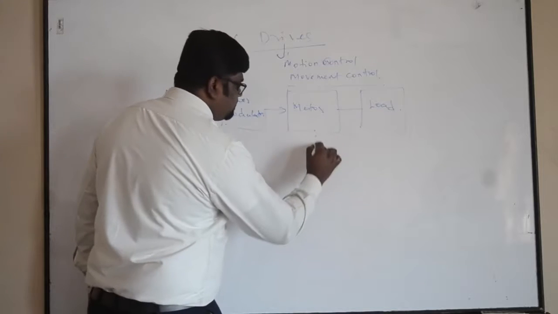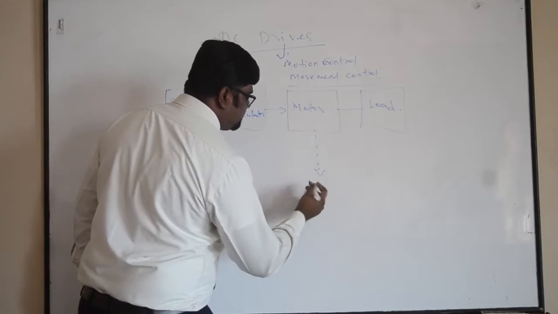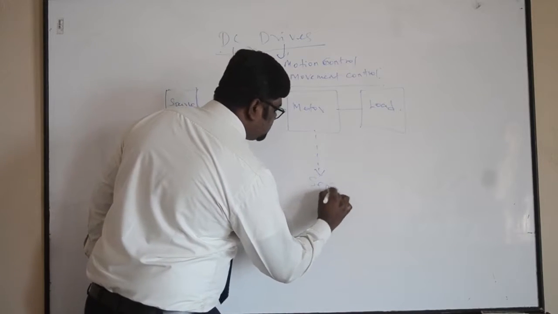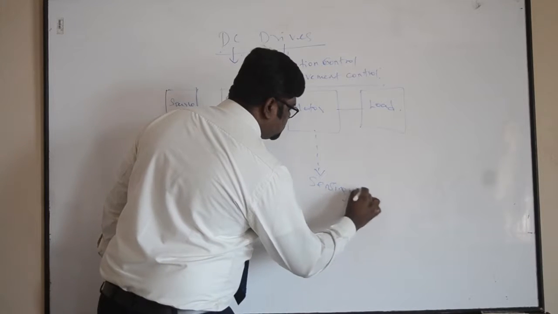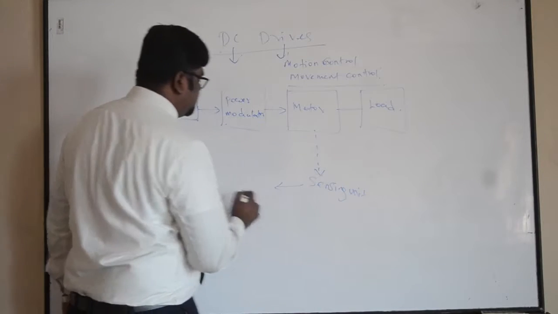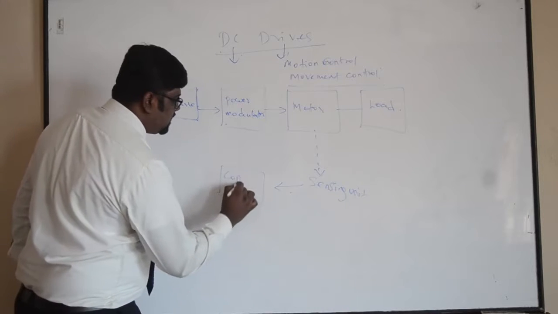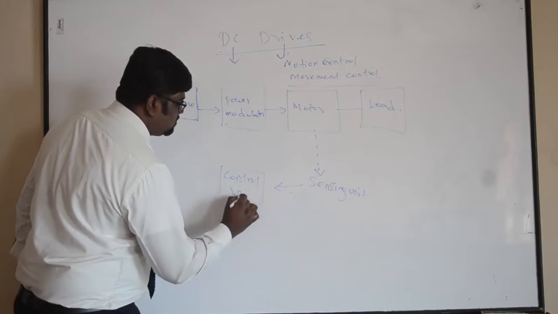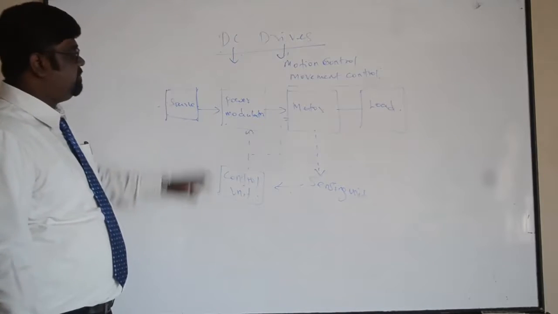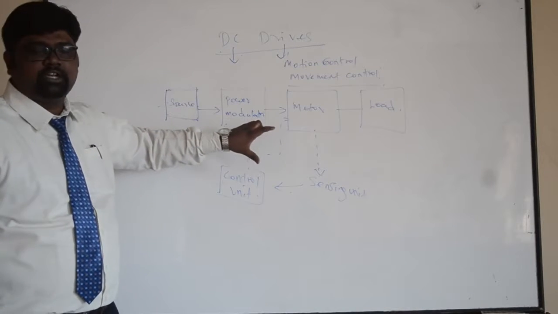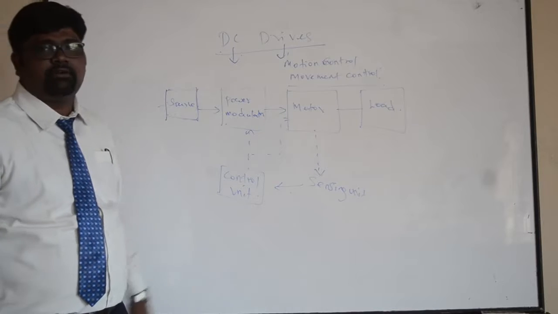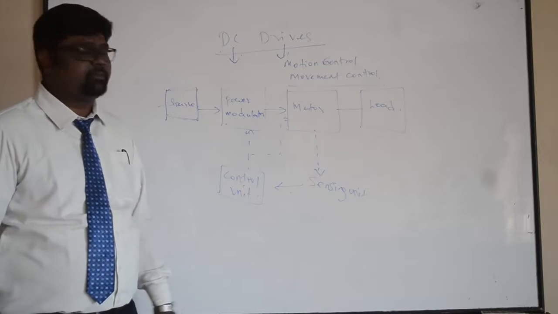From the motor we will also be using the sensing unit, and from the sensing unit we will be connecting one control unit. This is the basic block diagram of the DC drive or electrical drive control system.